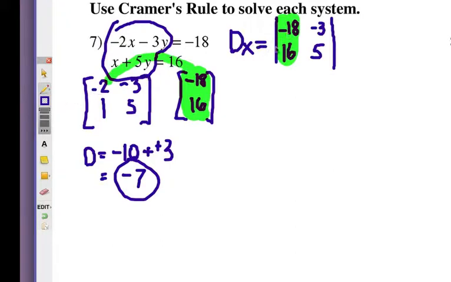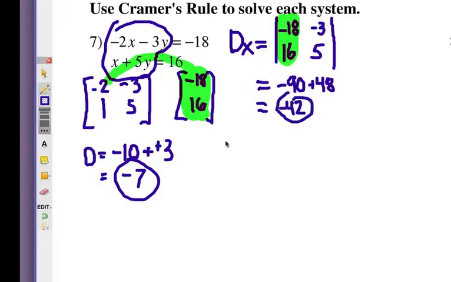So that's going to look like that. And let's go ahead and cross multiply. So negative 18 times 5 is negative 90. And 16 times negative 3, change the sign, would be 48. And that answer, of course, is negative 42.